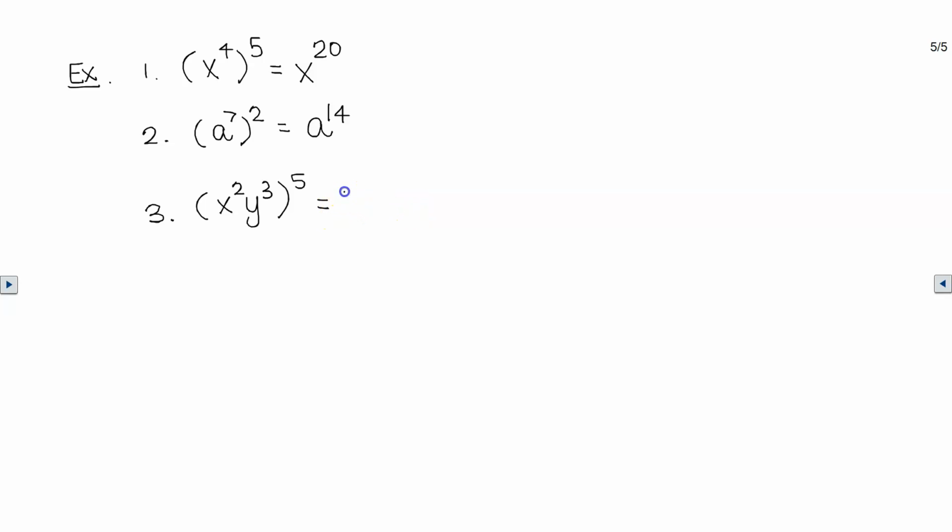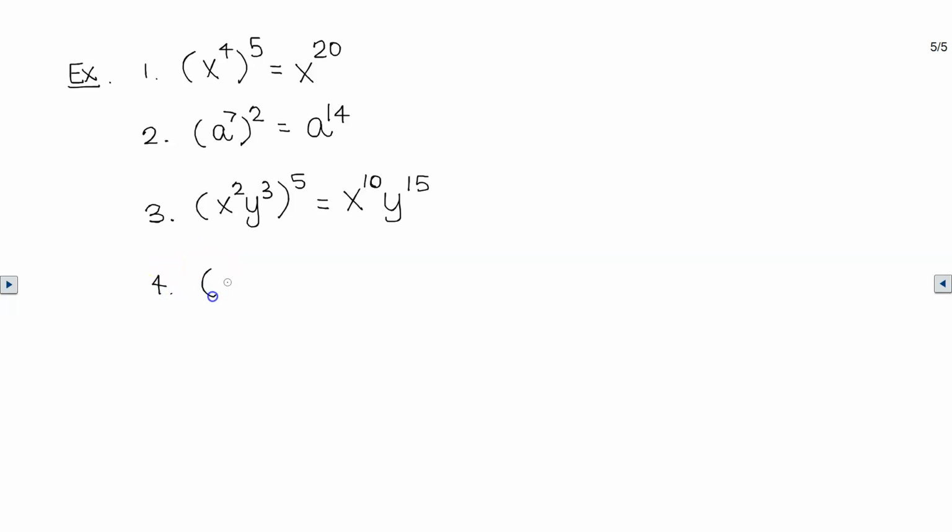So for x, we would multiply 2 times 5, which would make this x to the 10th. And for y, we would multiply 3 times 5, which will make it y to the 15th. So notice, if they introduce more variables, I just use the power to a power rule for each variable.